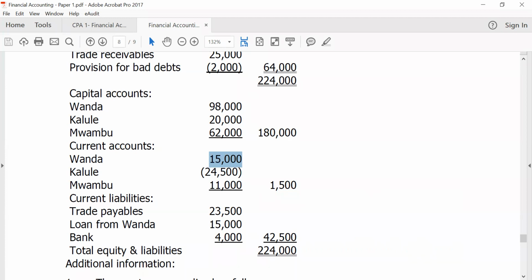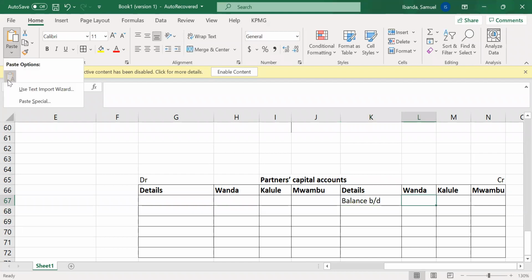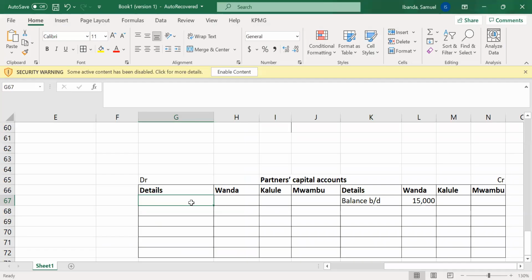So I'll just come here. I'll say balance brought down. So one that has 15,000. Now we also see Carole has 24,500, but this one is a negative. Now Carole's balance is a debit balance. So for Carole, we shall not put it on the credit side, we shall put it this side.